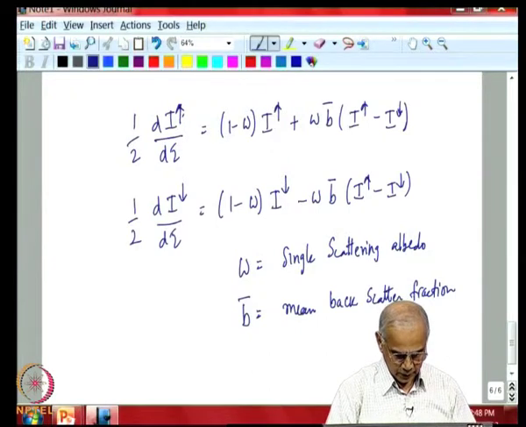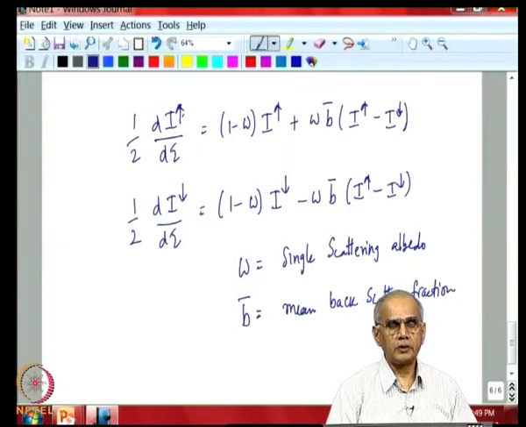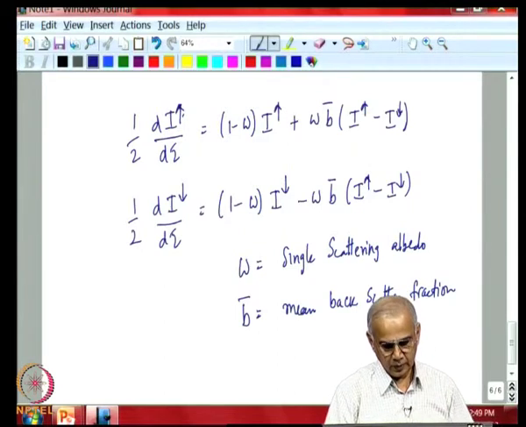Now, this quantity, which we call mean backscatter fraction, is related to a quantity which we call the asymmetry parameter, which is defined in earlier lectures.